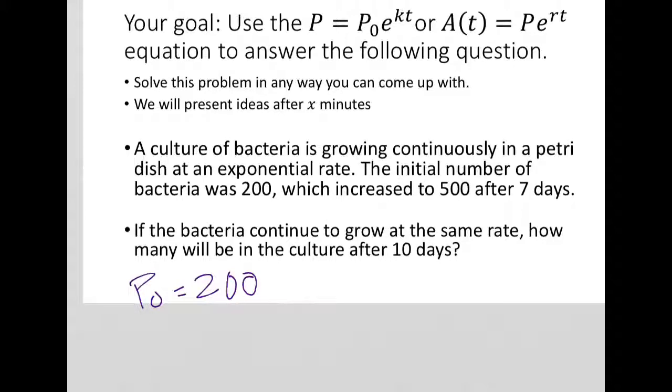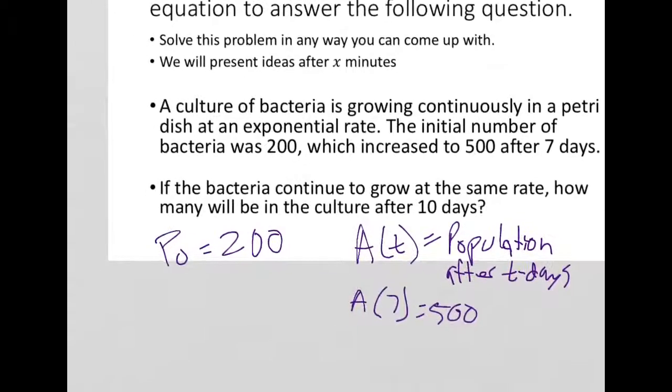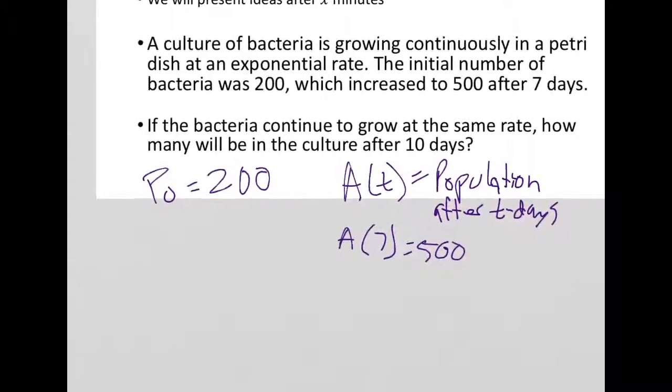So I'm going to say that A of t, I'm kind of combining my two equations here, A of t, which is going to be the population after t days, so I can say that A of 7 is 500, A of 7 being the population after 7 days.